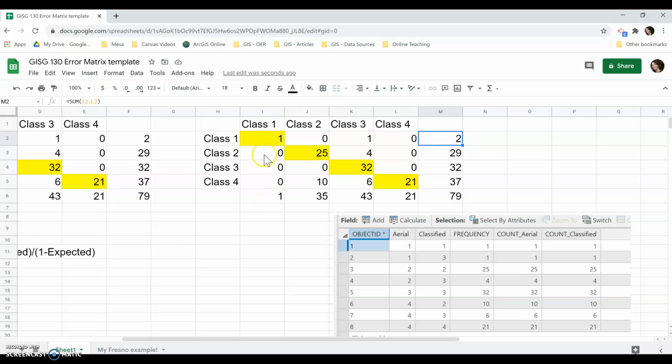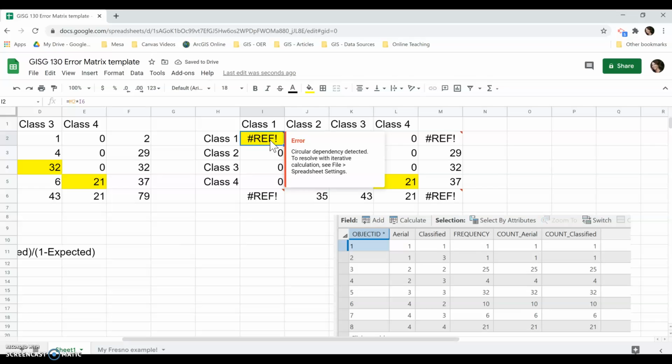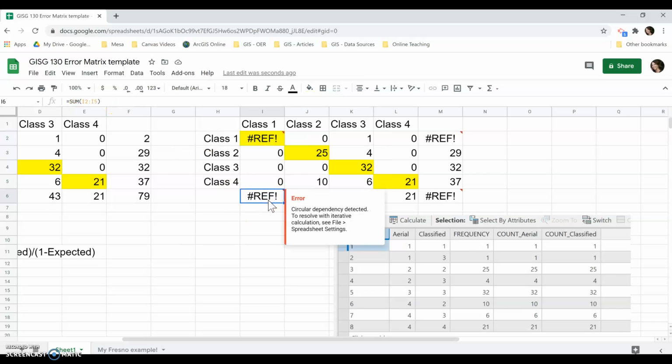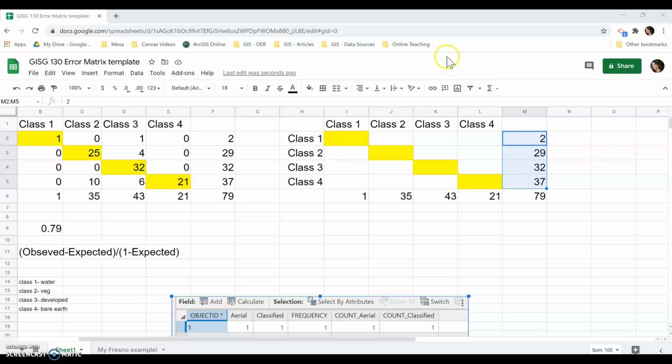But here for this class, we're now doing the product of the row times the product of the column. What did I do wrong? What is that saying now? Circular dependency detected. Wow. Oh gosh. Okay. So I fixed this, so let's try that again.